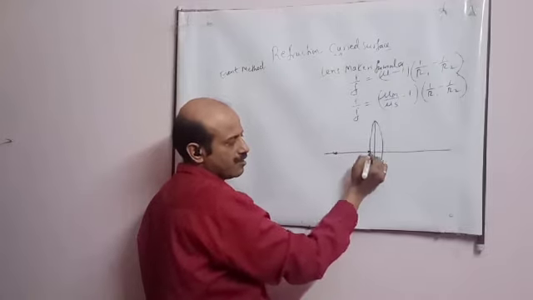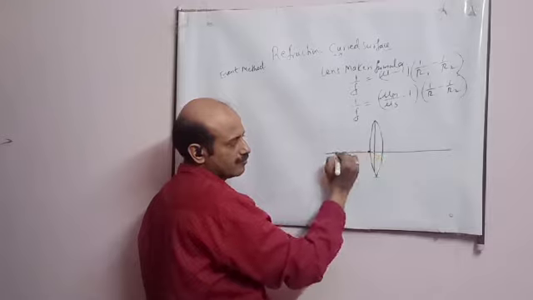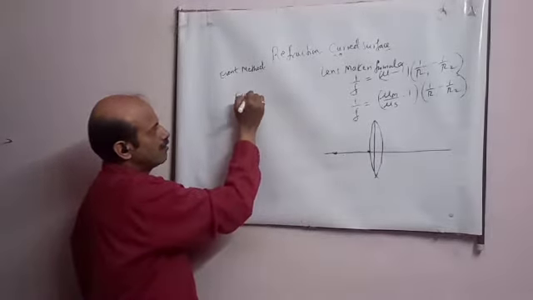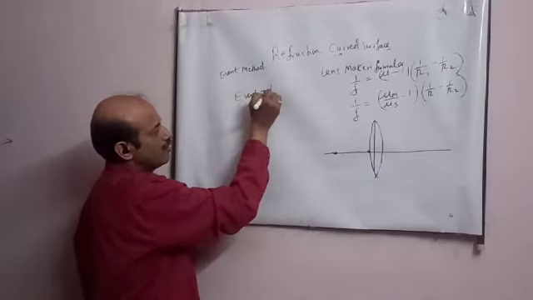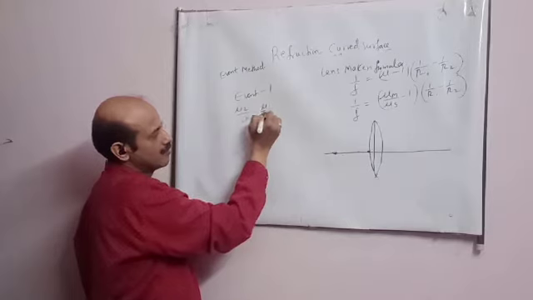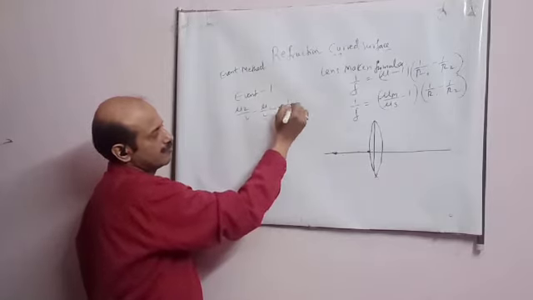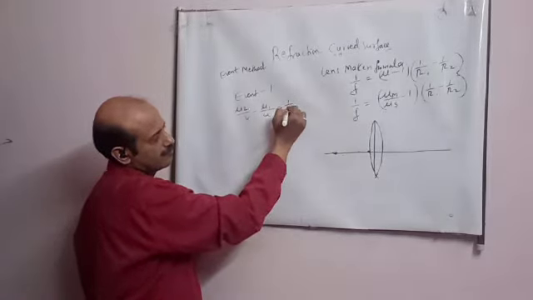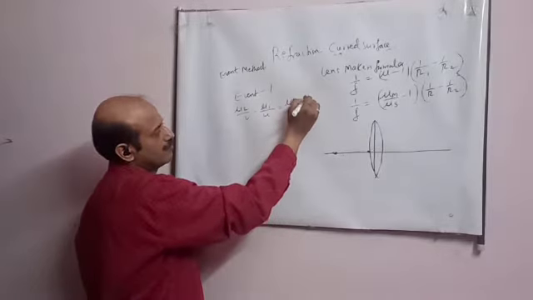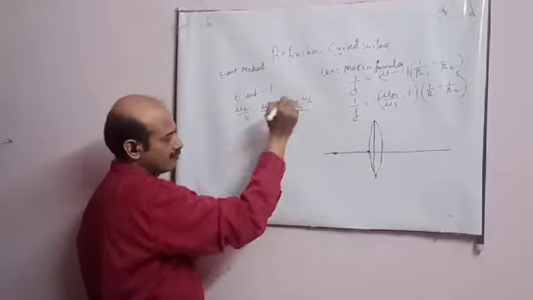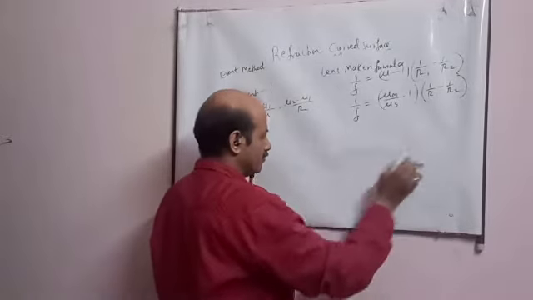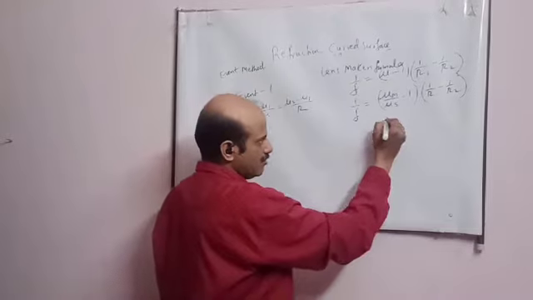So refraction at this surface, I will apply the formula for event 1. Now formula is this, student. I am drawing the figure with more clarity, student. This is the lens.